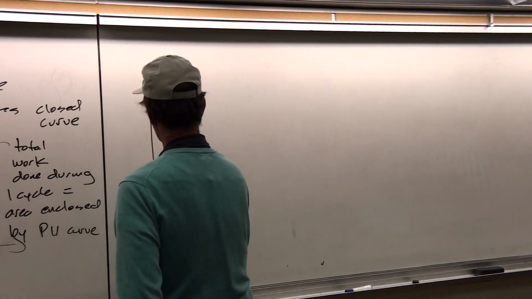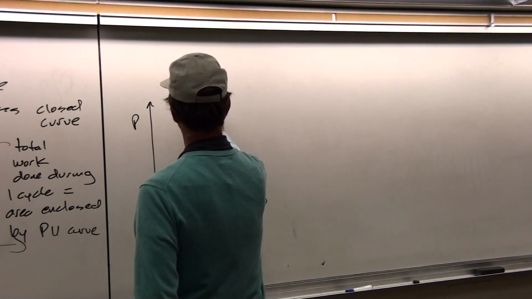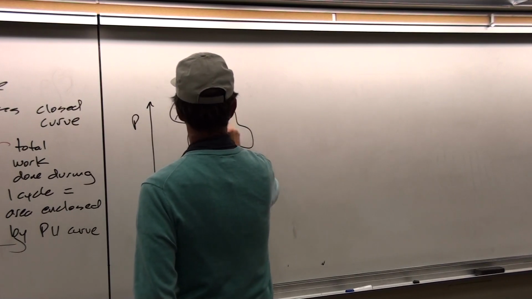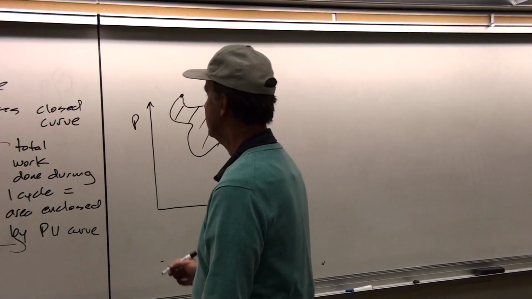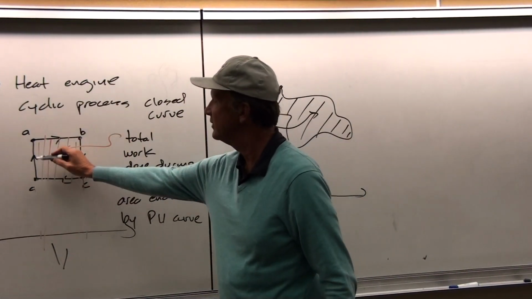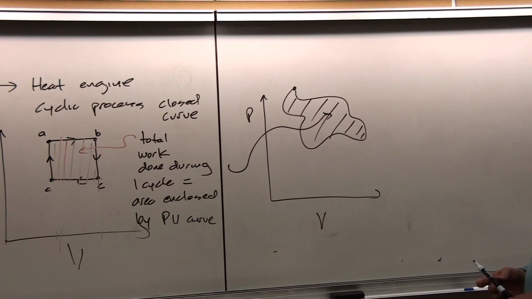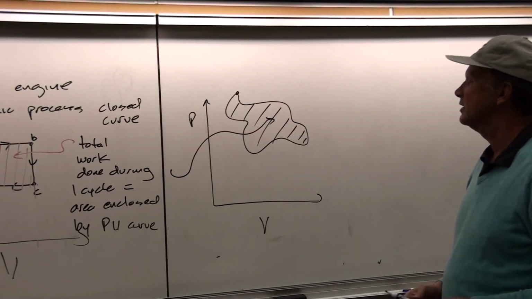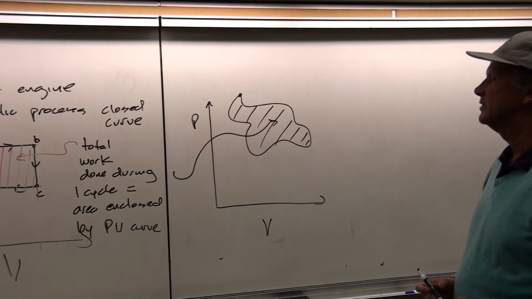For an arbitrary curve, so for any arbitrary heat engine cyclic process in which the pressure and the volume change a lot, but come back to the same point at the end, the result that we got here in this simple geometric example, although I'm not proving this here, I'm just stating that the area enclosed by the pressure volume curve during one cycle is equal to the total amount of work that's done.